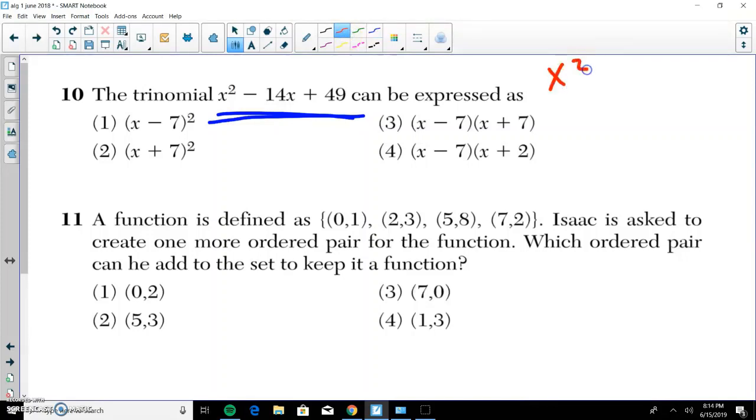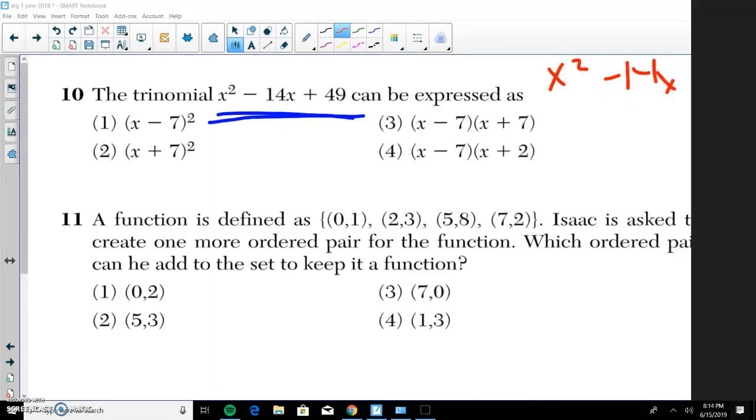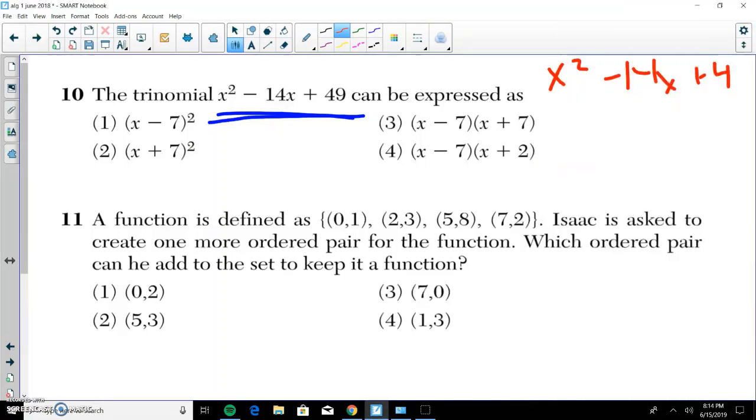So, x squared minus 14x plus 49. It has to add to negative 14 and multiply to 49. We know that 7 times 7 is 49.